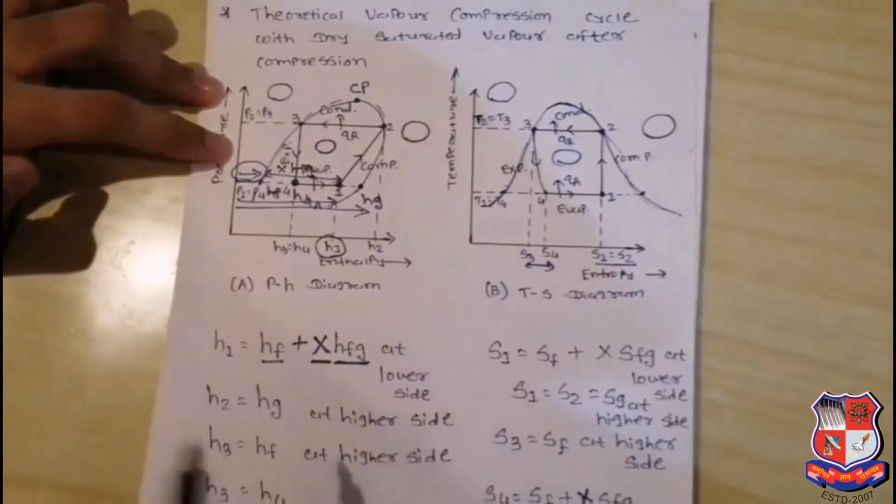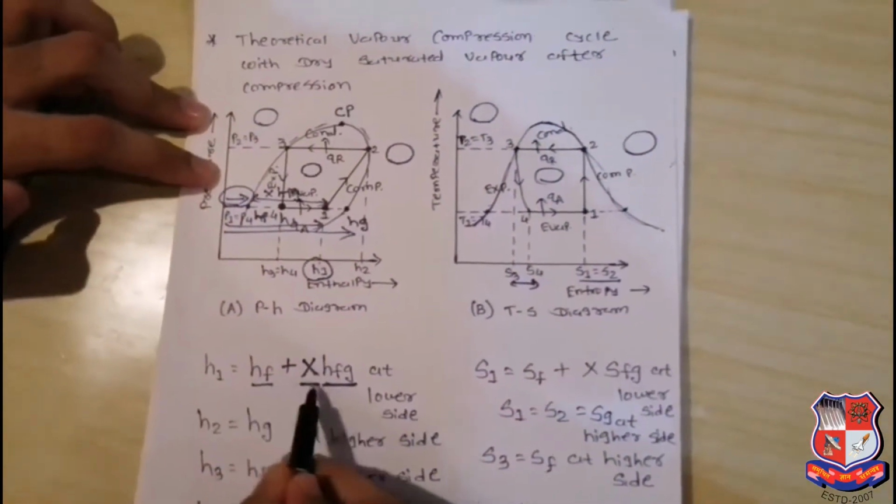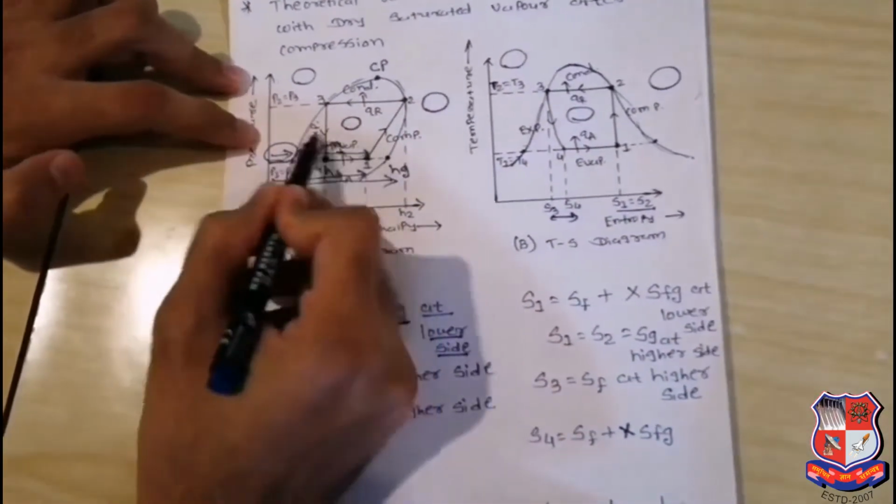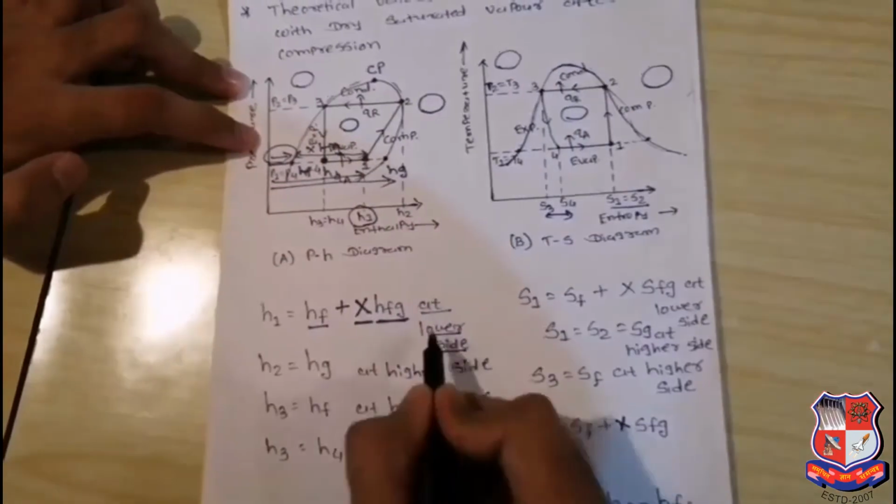So H1 is equal to Hf plus X Hfg. Why do I write it on the lower side? Because it is the evaporator side, and the evaporator is the lower side here.